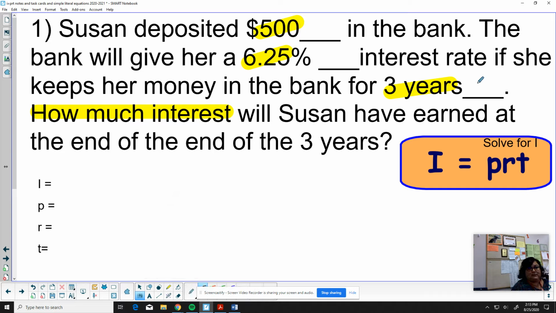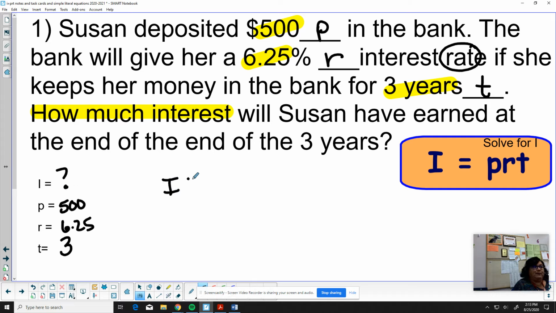I know that this is T, 3. I know that this is R because it says it and also because it's a percent. And I know that 500 is P because that's what the initial money was. It started at $500. The question also says how much interest, so I don't know I.